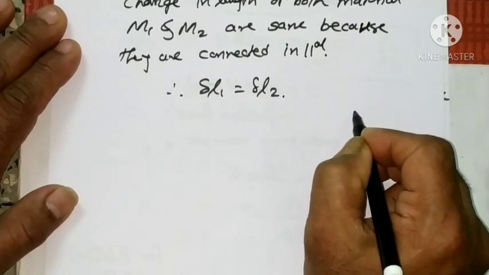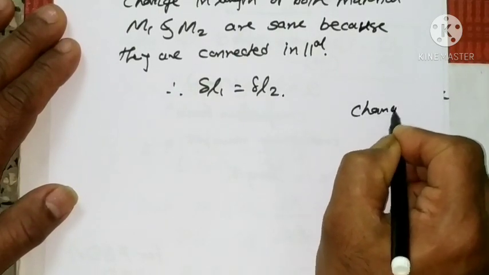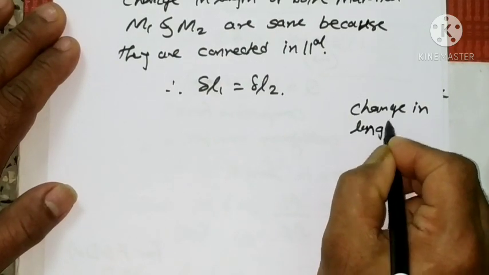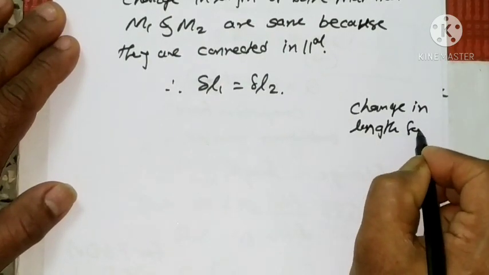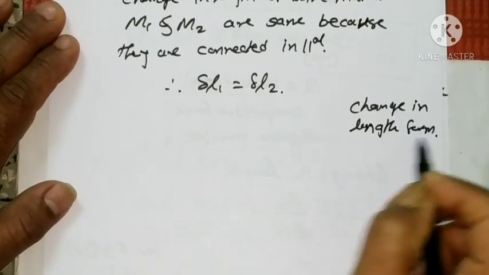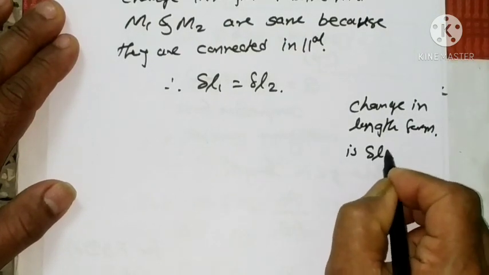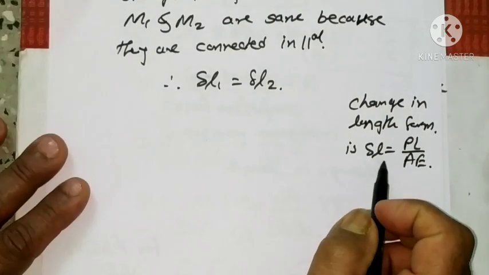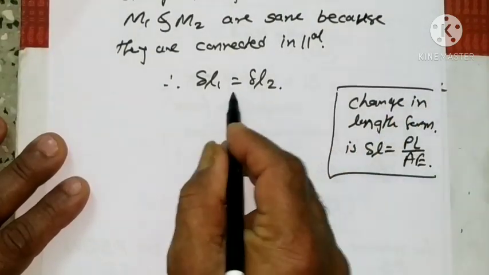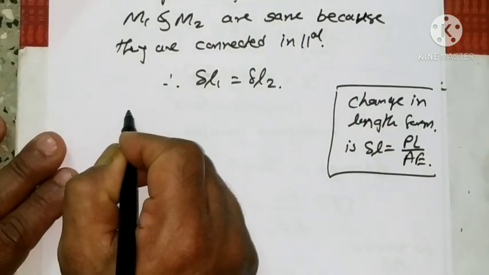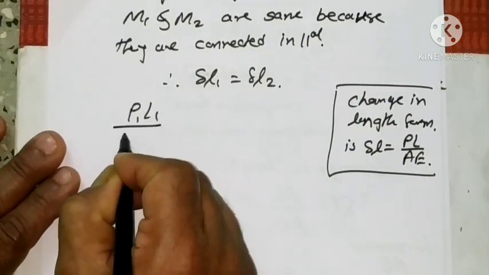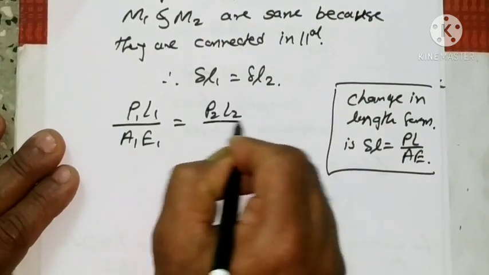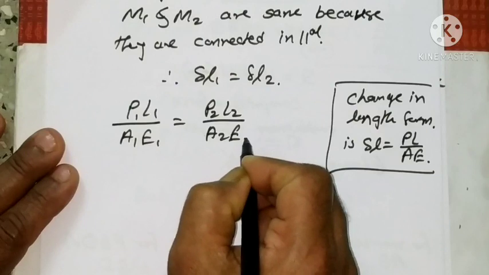Total change in length formula is delta L is equals to PL upon AE. Apply this formula here. We get P1 L1 upon A1 E1 equal to P2 L2 upon A2 E2.